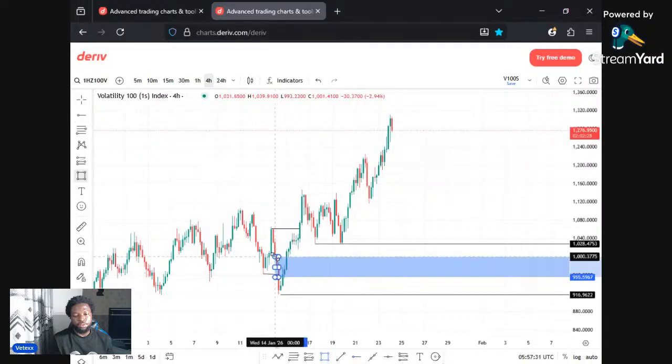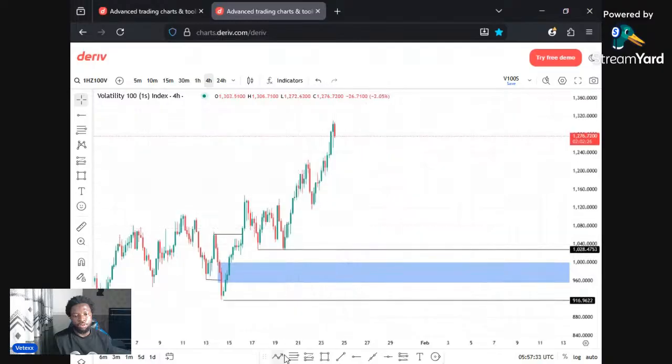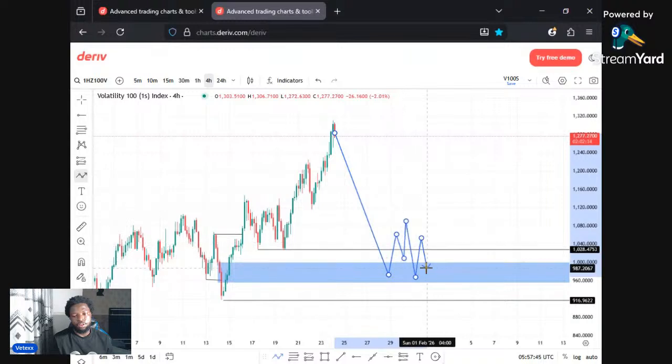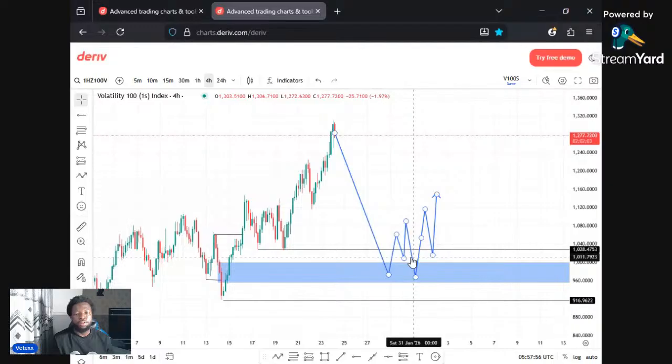So we're anticipating price to come into this zone now and start giving us continuation on the 15 minutes time frame, so that we can start taking trades on this zone, right? So we can start taking continuation on the lower time frame until price smashes its target.